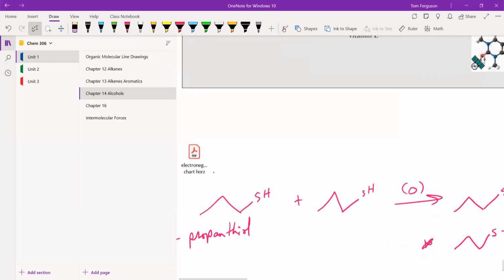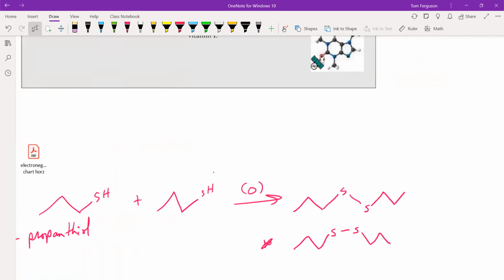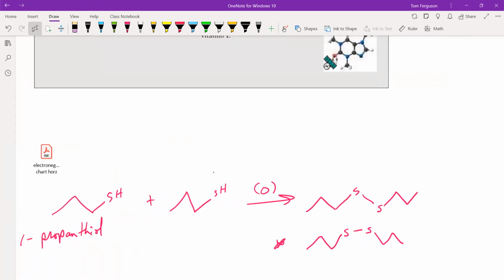So did that answer your question? Yes, how would we name it? Don't worry about naming these guys. They're so rare that you don't need to worry about naming them.